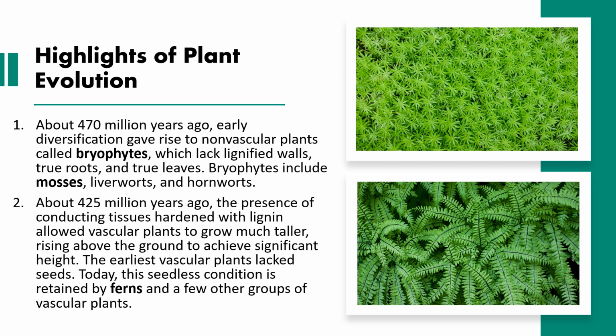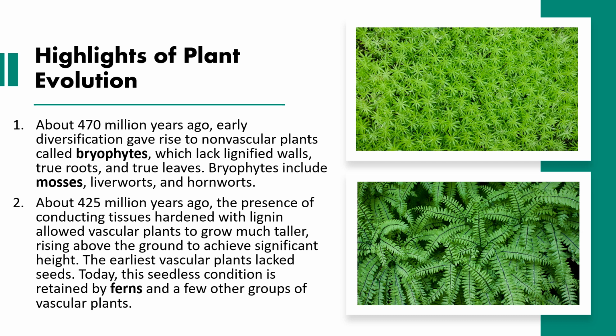The second major event happened 425 million years ago, and this is when we had the first vascular tissues starting to form. The vascular tissues are going to have lignin, which is going to allow the plants to become taller because they can move water from different places in their bodies.